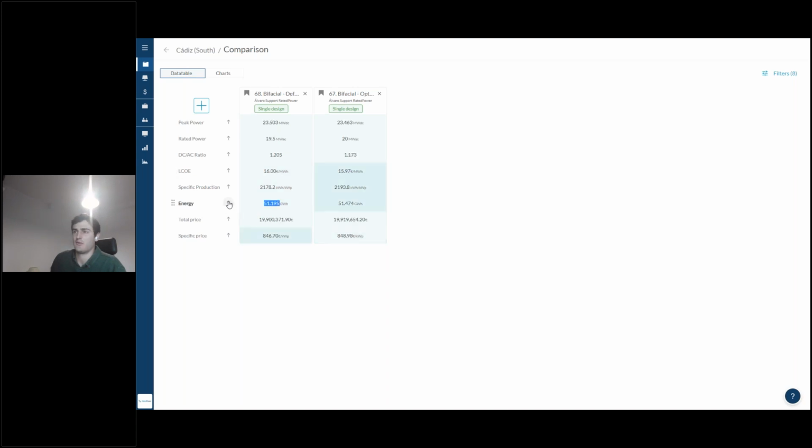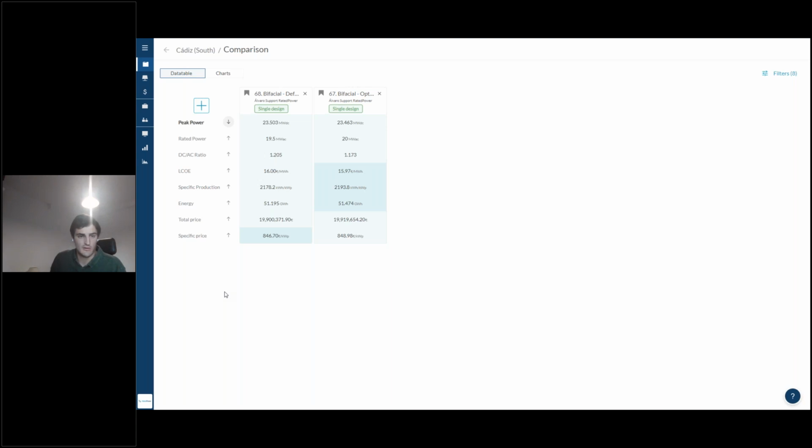But also, if they want to check the best solution in terms of energy production, they can sort the designs by energy or by specific production, by peak power. It will depend on the variable that the user wants to compare.